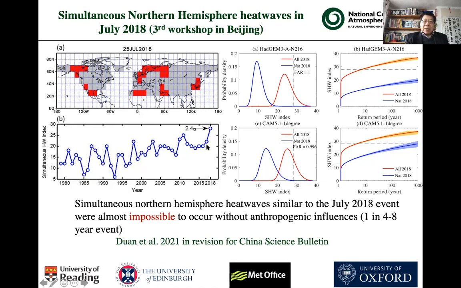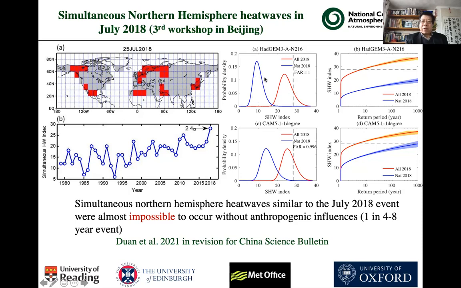And this is a time series of that simultaneous heat wave index. You can see the 2018 heat wave is a record-breaking event. They used the HadGEM recent historical simulation and also the natural simulation. And this shows a PDF. The blue line is the natural world, and the red line is the historical world.